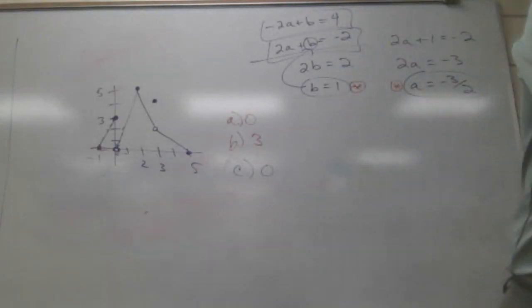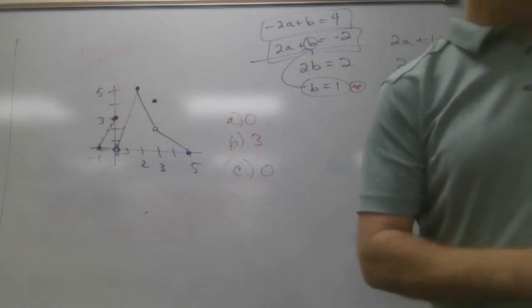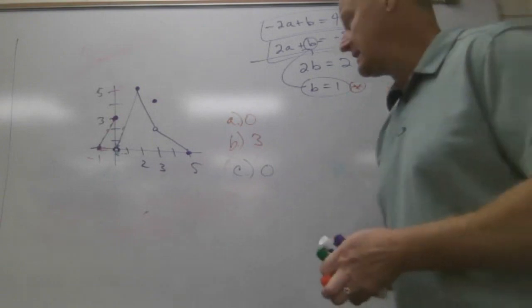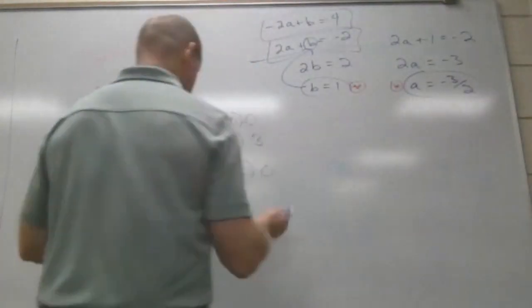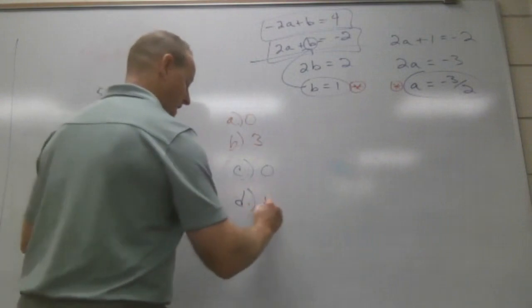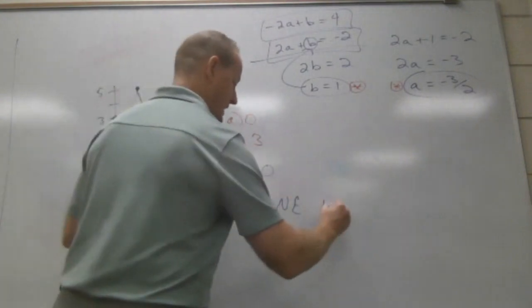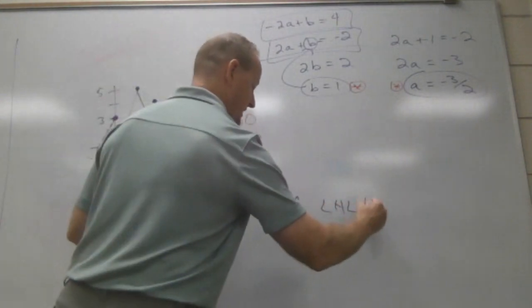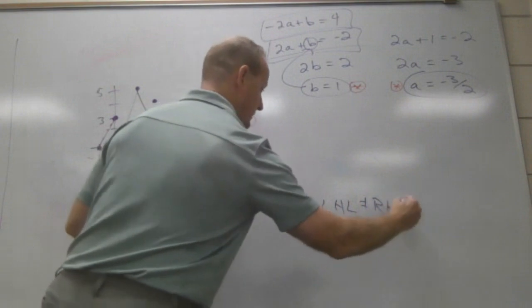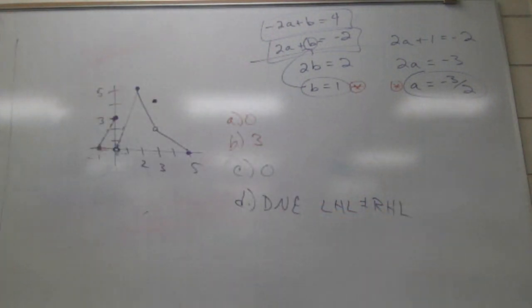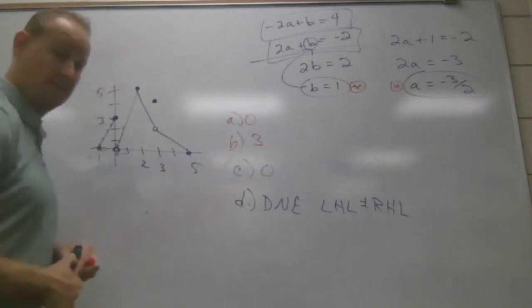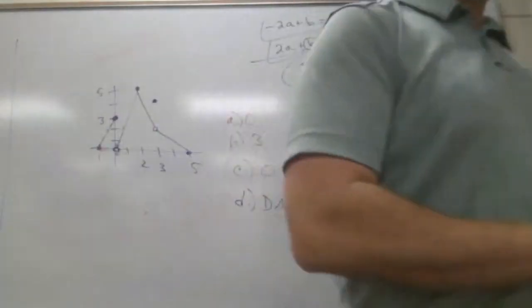What's the next question? Limit of x approaches 0 from both sides, Drew. Does not exist. So D does not exist. Why? Because the left-handed limit does not equal the right-handed limit. They both exist, but they're not equal. But that's why.